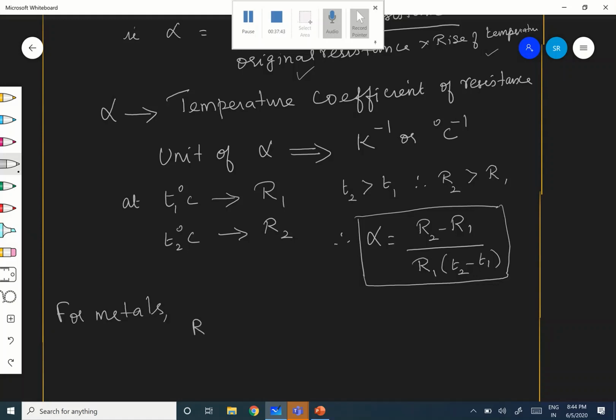Therefore R2 minus R1 is positive, and T2 is larger than T1, which we have taken. Therefore, the temperature coefficient of resistance alpha is positive for metals.